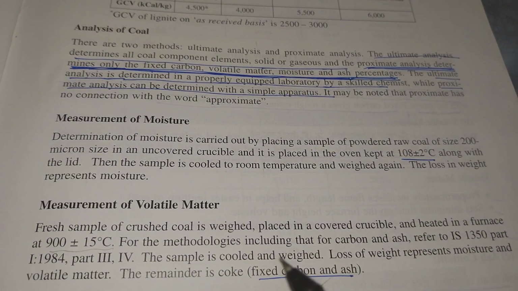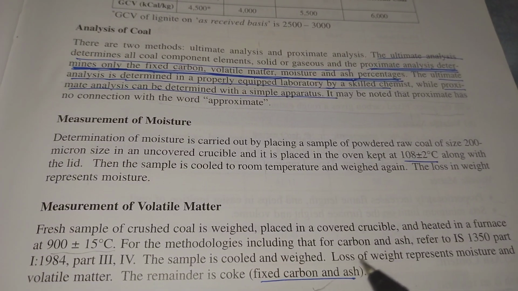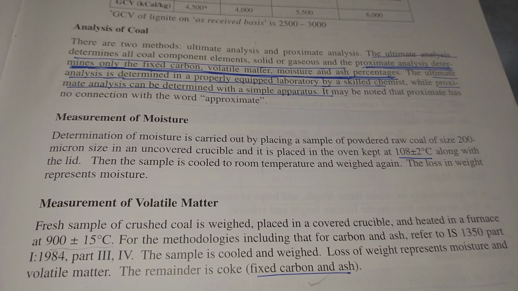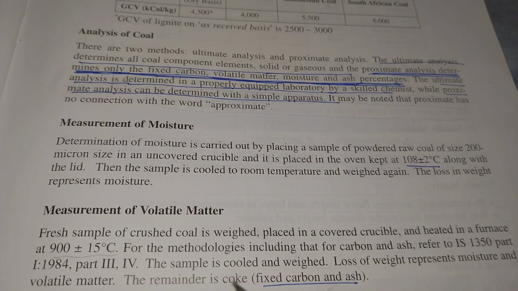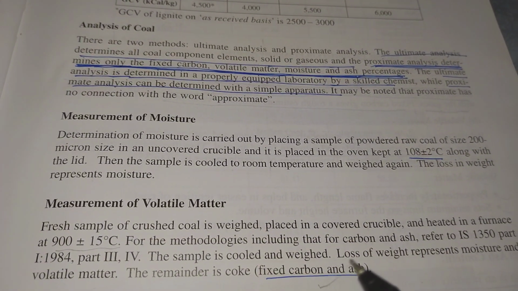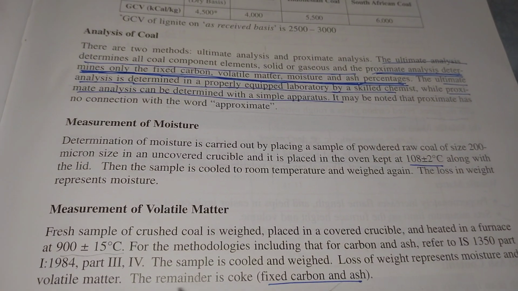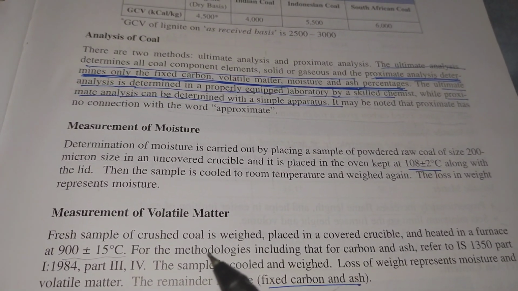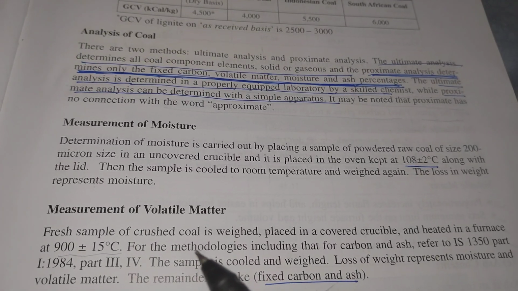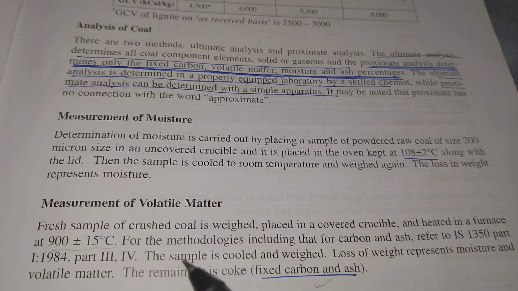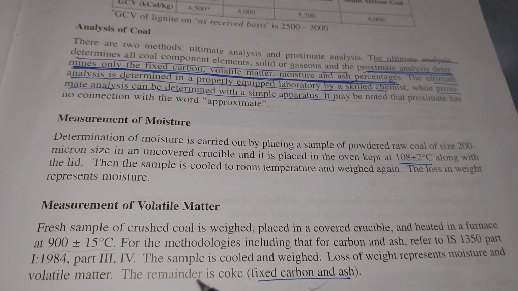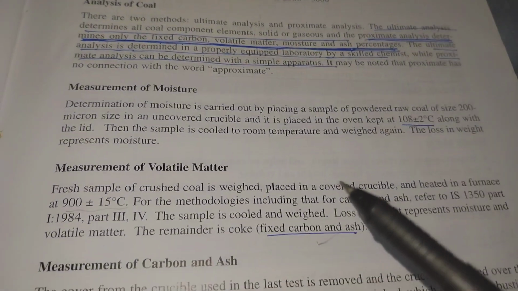The sample is cooled and weighed. Loss of weight represents moisture and volatile matter. The remainder is coke, fixed carbon, and ash. All volatile matters and moisture is removed at this temperature, and the remaining sample is coke, that is fixed carbon, and ash.